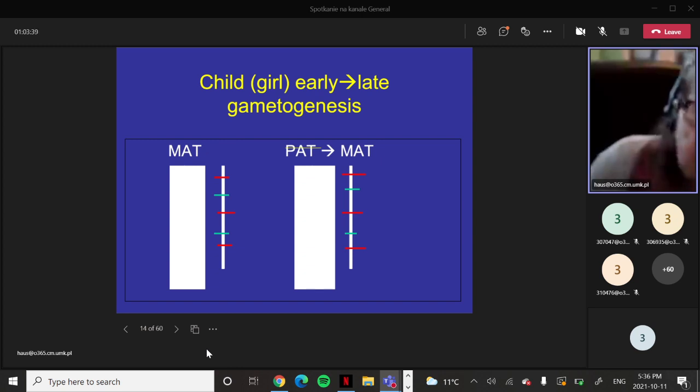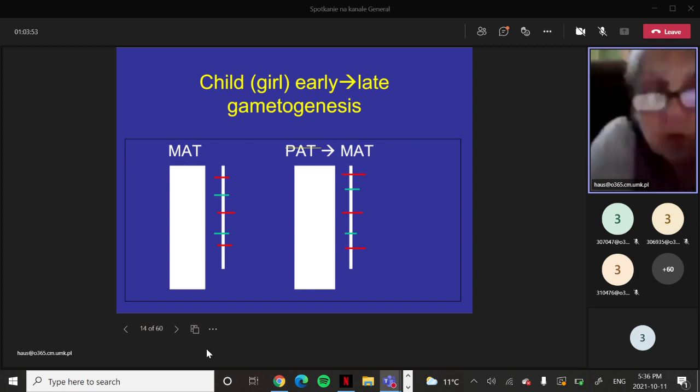But these chromosomes will be separated during the formation of mature germinal cells. So it will not be that both these chromosomes will be in a zygote, but only one of these chromosomes. The second one will be from a partner of this girl. So it should have a totally different pattern of imprinting.